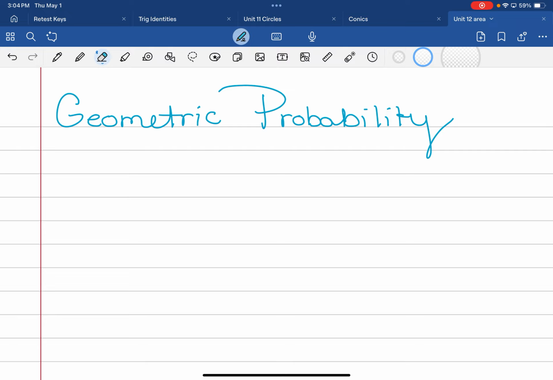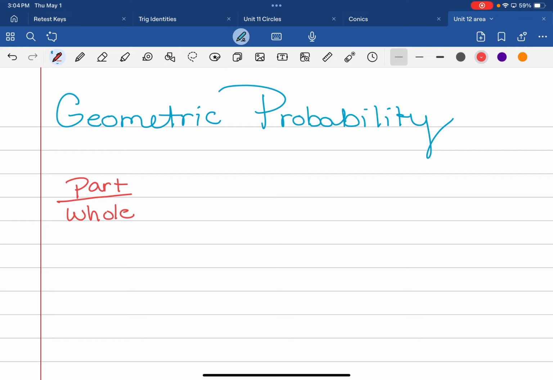But if you remember from probability, the way that we write our answers out is in fractions. So the way that we answer probability questions is we set them up in fractions. Usually we set this up in part over whole. That's one way you can do it.